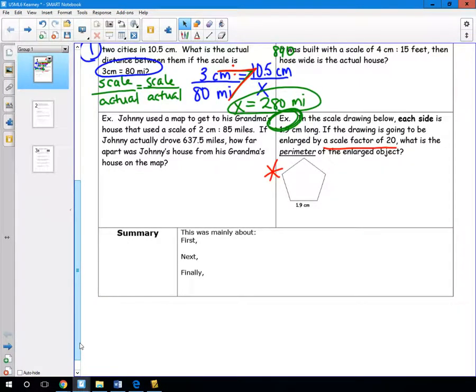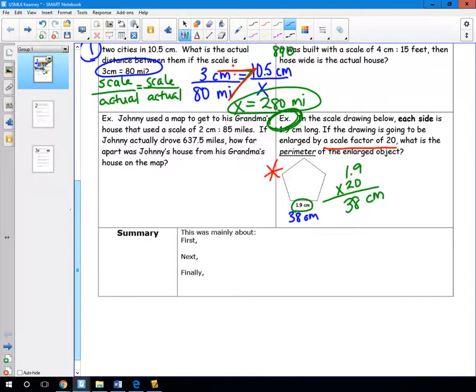So I've got to figure out what is 1.9 centimeters if I make it 20 times bigger. So I'm going to take 1.9 and multiply that times 20, and I get 38 centimeters. So that means now all of my sides are 38 centimeters.